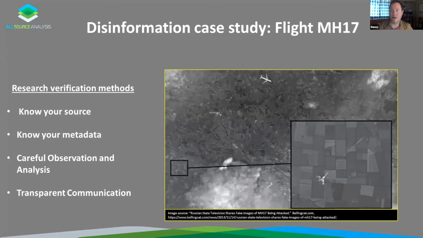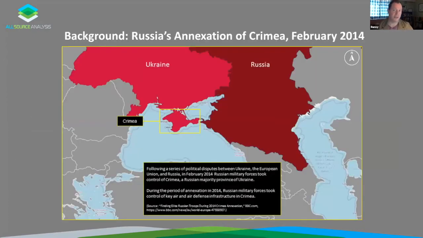But before we dive into the specific case study of flight MH17, it is important to know some background about this incident. The most important background is that this incident involves Ukraine and Russia, and in particular, Russia's annexation of Crimea, a part of Ukraine, in February 2014.